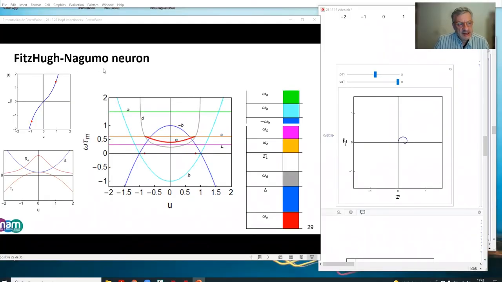Now we take again the FitzHugh-Nagumo neuron model, and by plotting the trace and the determinant, we can see that in this case the JV curve has no negative resistance. The trace is positive in this region, approximately between -1 and 1. By plotting the frequencies, we can see the Hopf bifurcation and the oscillation region.